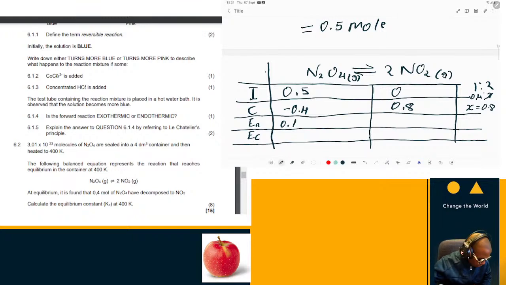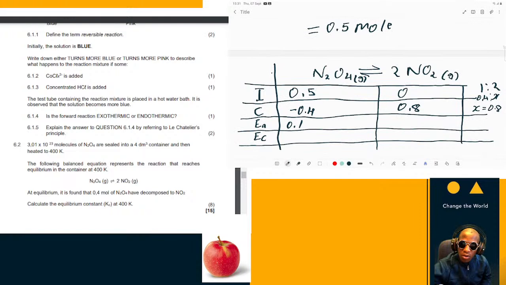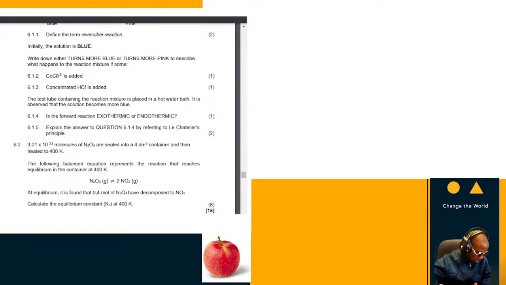This is the number of moles at equilibrium, guys. I hope you see it now.